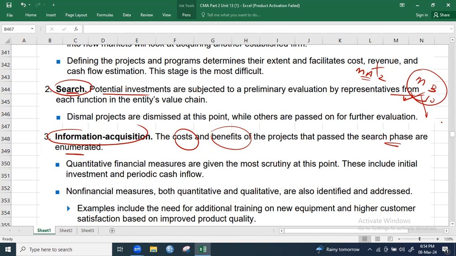But how much inflow it will generate in the future, that is your estimate. In the estimation you may have uncertainty also. Maybe today you are predicting that this machine can produce X number of units, and those units can be sold in year one, year two, and year three. But practically these things could be different. That is why information acquisition is a very difficult stage.